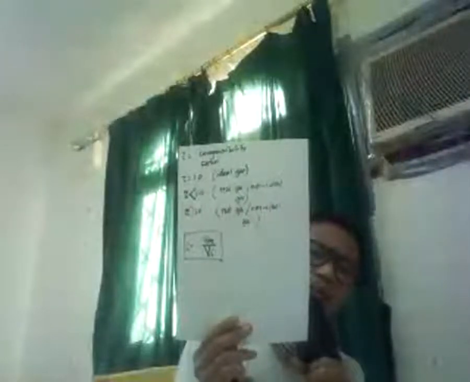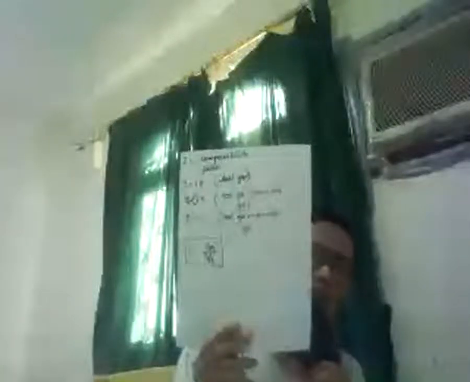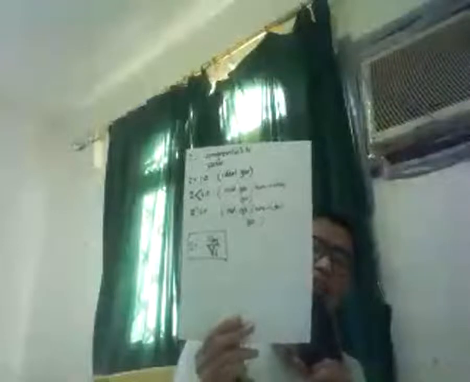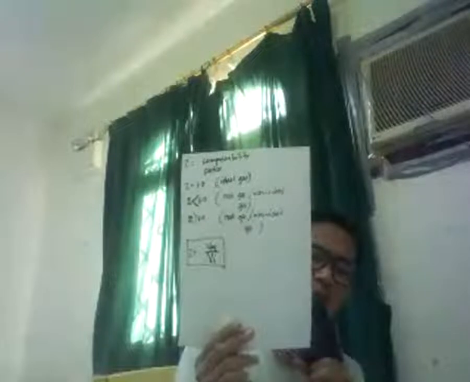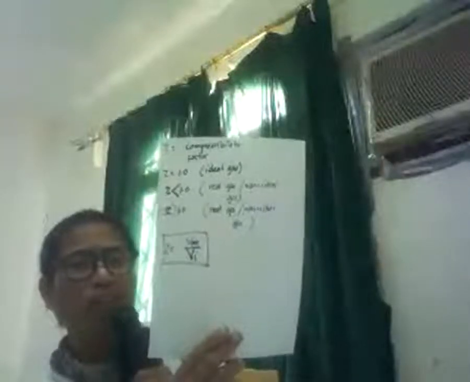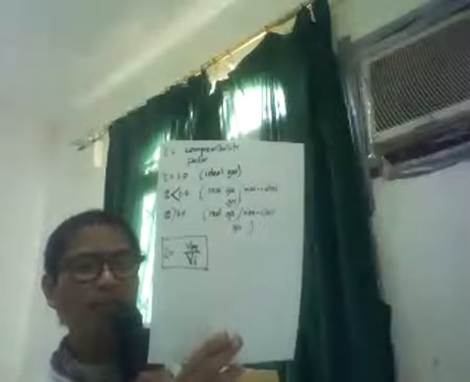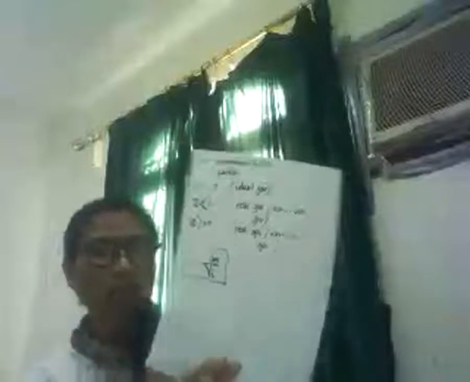We can equate the molar volume to the actual volume, so our compressibility factor is equal to the actual volume Vm over the ideal volume, capital V subscript i.